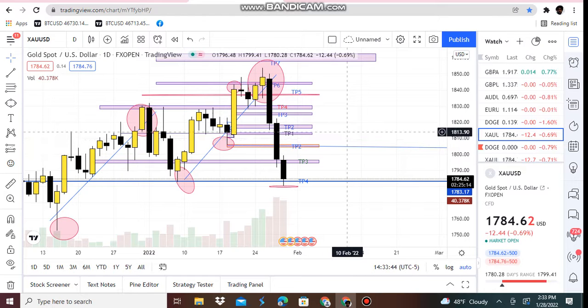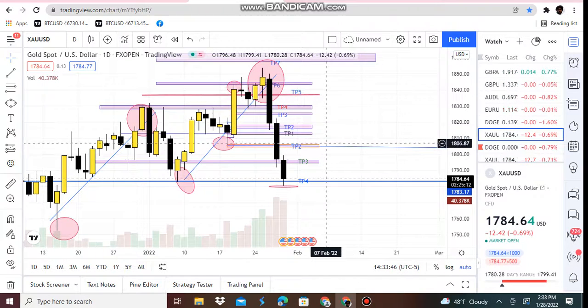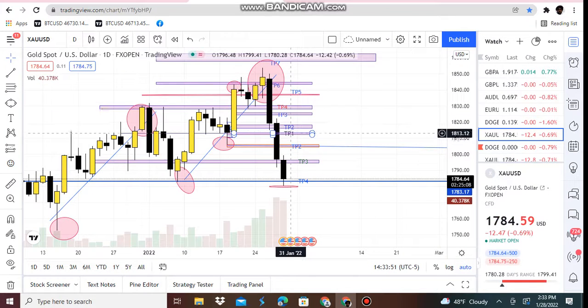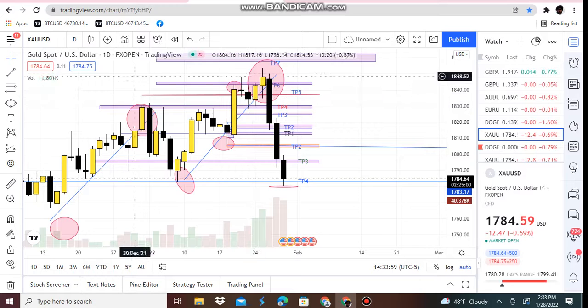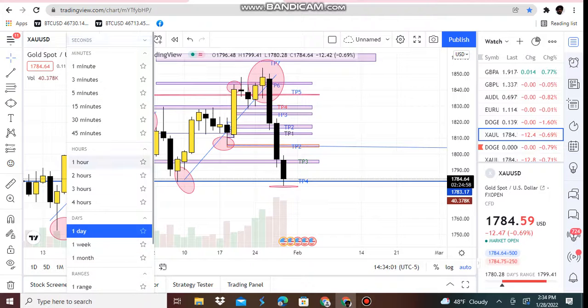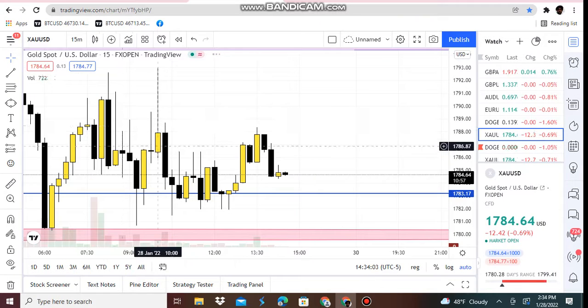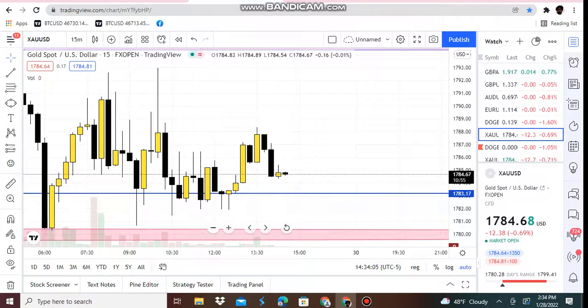After seeing this even star pattern, we are in a downtrend for the next 2, 3 days. Once you figure out the overall direction of the trend, we scale down to the 15 and the 5-minute for entries.